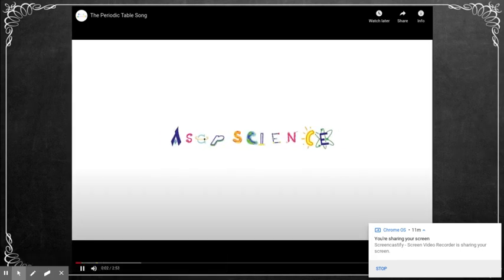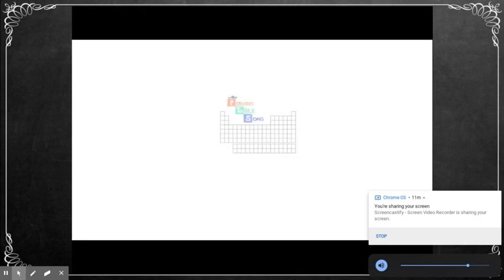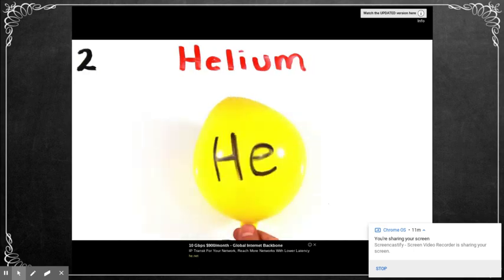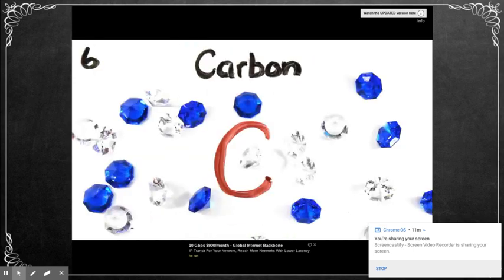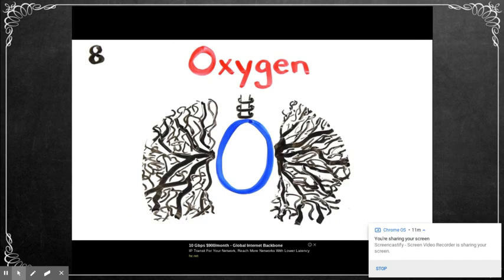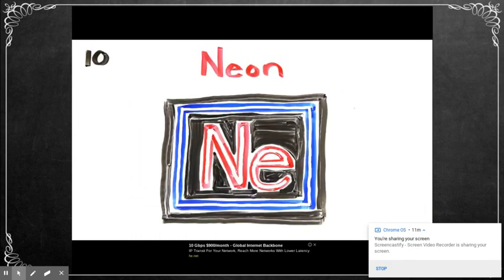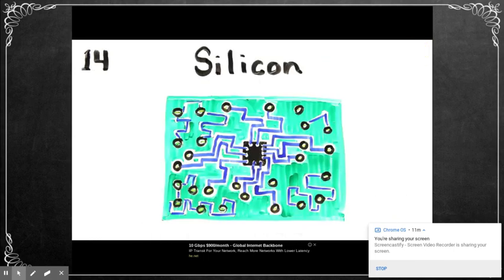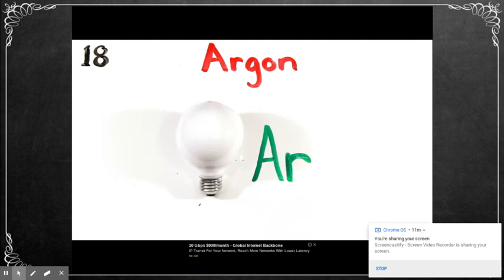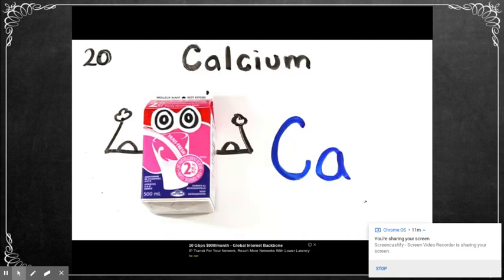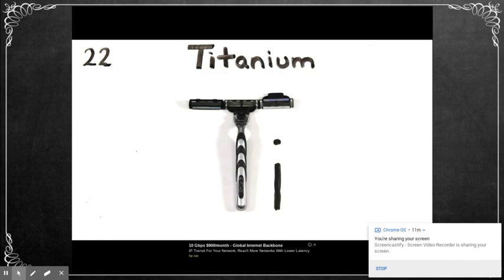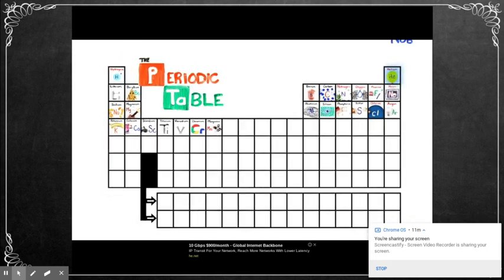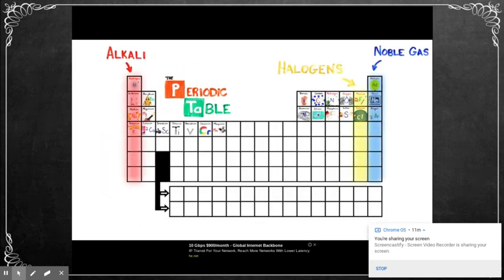And now, ASAP Science presents the elements of the periodic table. There's hydrogen and helium, then lithium, beryllium, boron, carbon everywhere, nitrogen all through the air, oxygen so you can breathe, and chlorine for your pretty teeth, neon to light up the sign, sodium for salty times, magnesium, aluminium, silicon, phosphorus, then sulfur, chlorine, and argon, potassium, and calcium so you'll grow strong. This is the periodic table, noble gas is stable, halogens and alkali react aggressively.